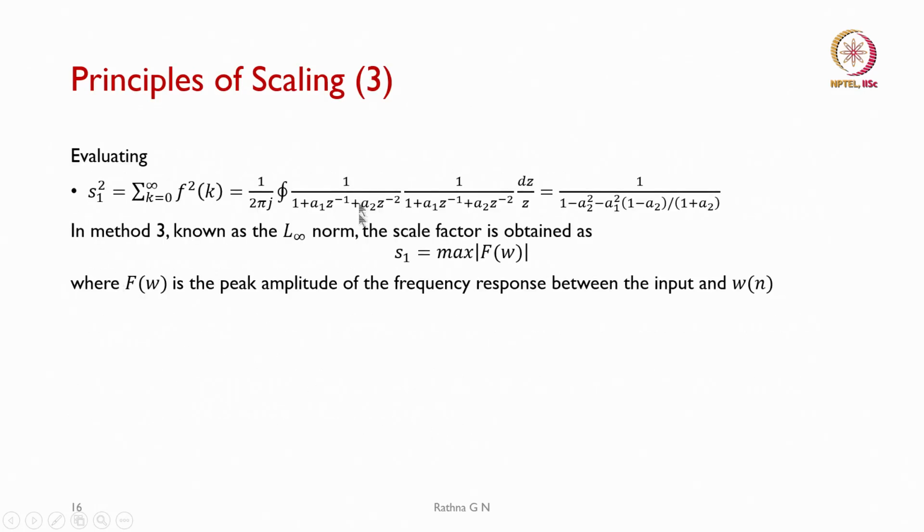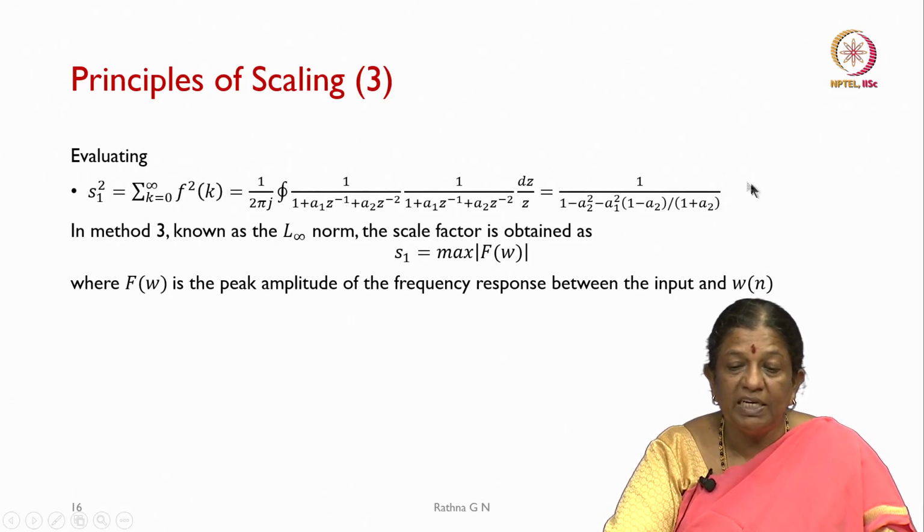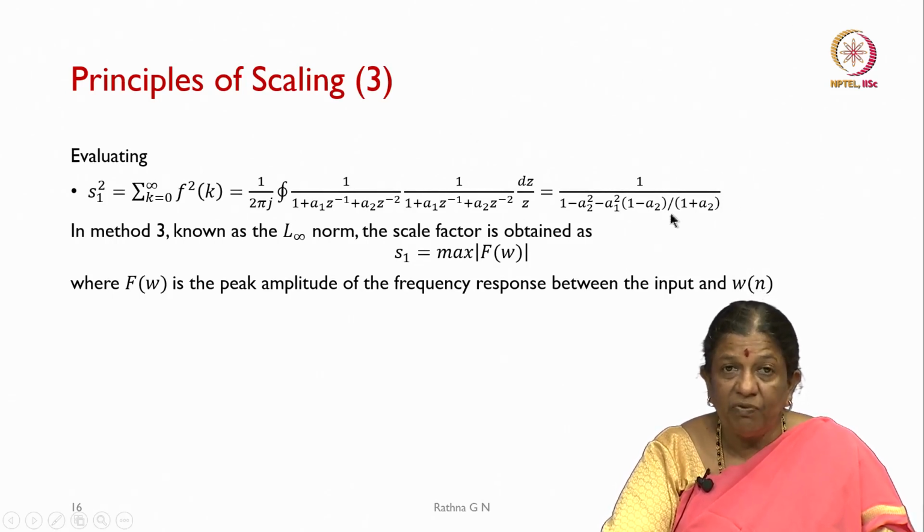So, evaluating this is much easier. If you want, you can go to the book and refer to the steps involved in deriving the final equation in terms of your poles. You will be calculating the contour integral of your poles in conjugate form, dz by z.